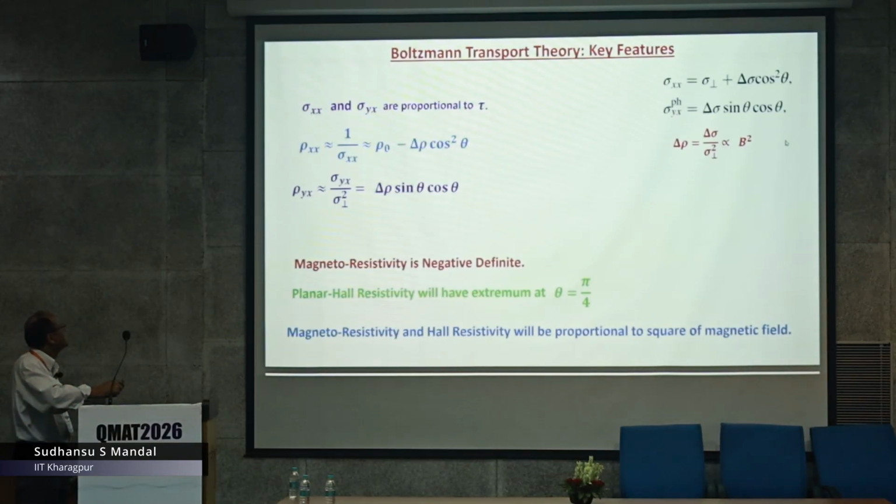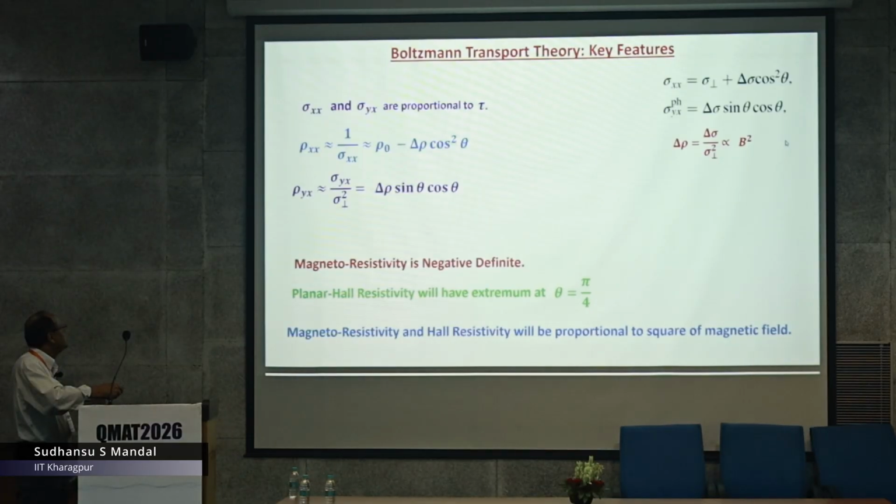So it suggests that the magnetoresistivity is always negative for the planar Hall, as far as the Boltzmann transport theory goes. So always negative, and these will always be proportional to tau. I mean, the conductivities are proportional to tau, and the resistivities are inverse.